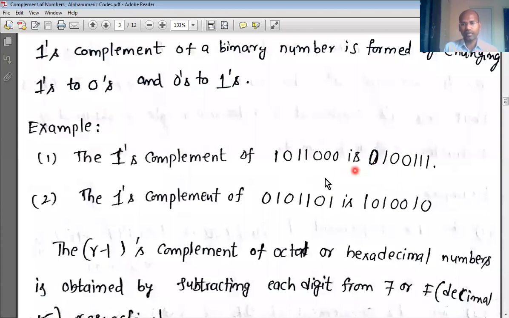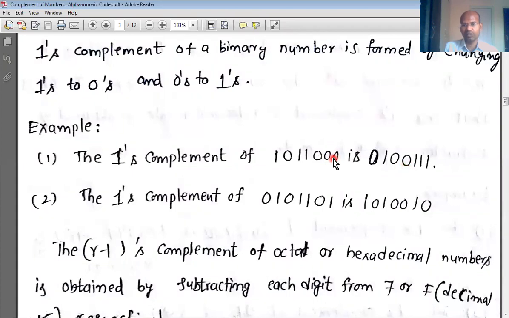And there is no need to do it like this every time. When we want to find the 1's complement, there is a shortcut. In all the cases, we are subtracting either 0 or 1 from 1. If we subtract 0 from 1, what we get is 1. If we subtract 1 from 1, what results is 0.